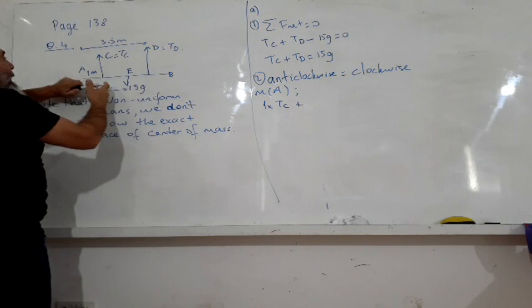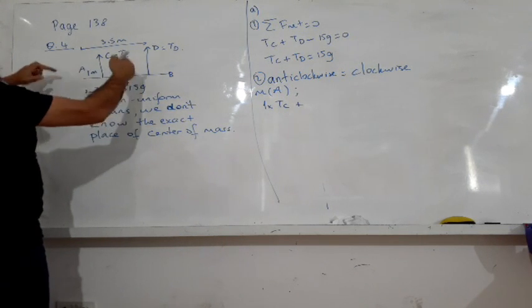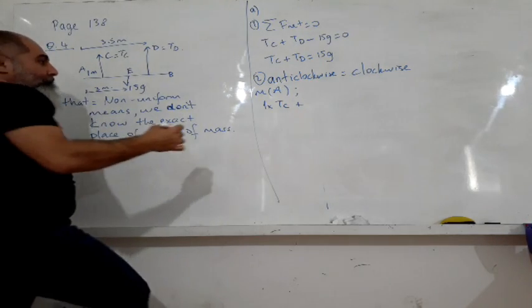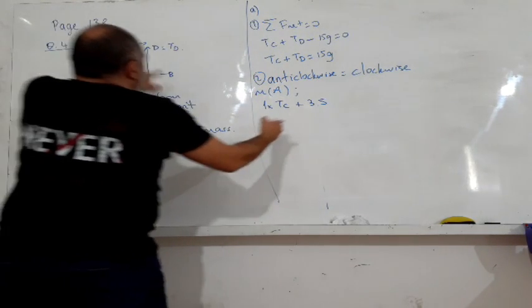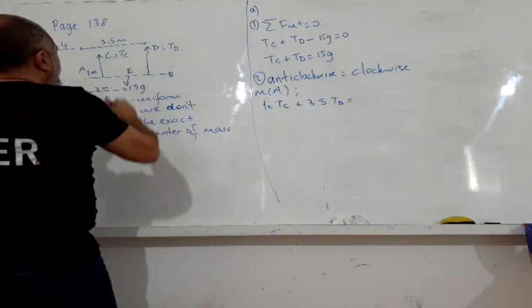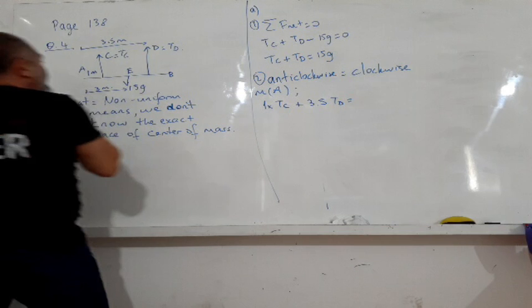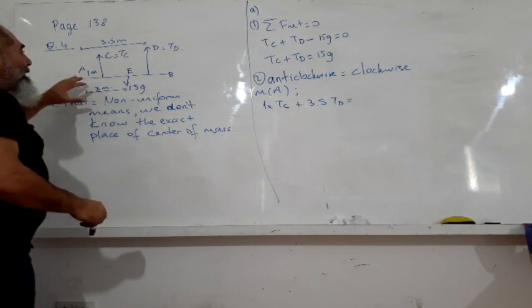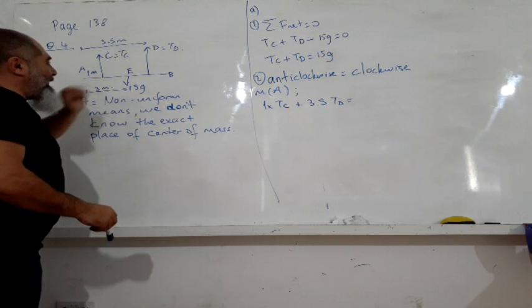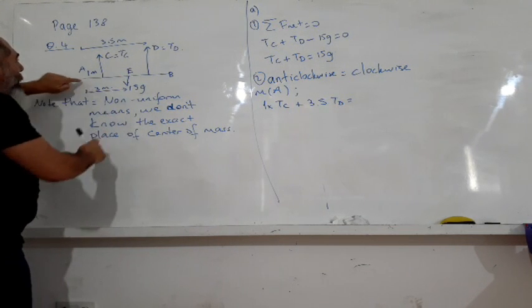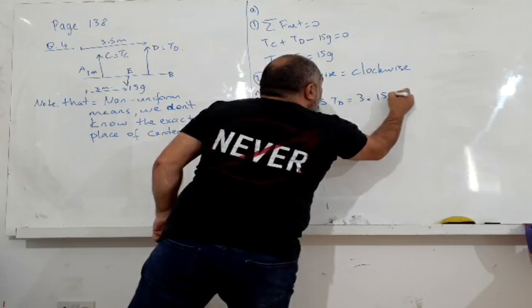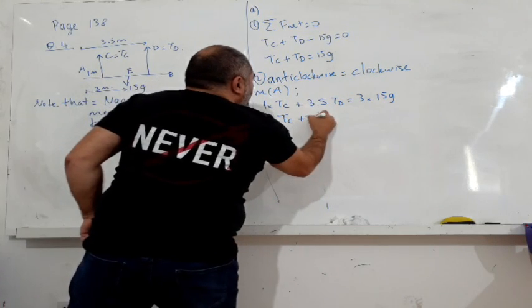Its distance from A is 3.5 meters. We have a single clockwise moment, due to the weight 15G, which is 3 meters from point A. So it is going to be 3 times 15G. So TC plus 3.5 TD is equal to 45G.